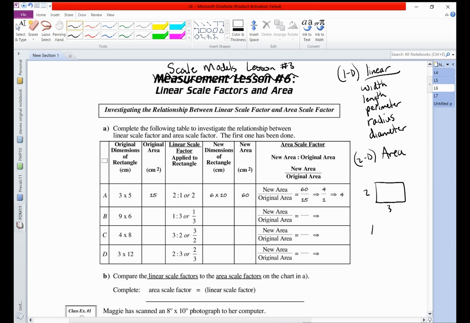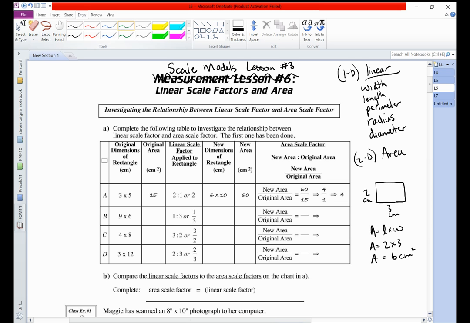The area is length times width. Hopefully you remember that. So you would say 2 times 3, and the area is 6. If this is 2 centimeters and 3 centimeters, the area is 6 centimeters squared because it's centimeters times centimeters, right? And that's a two-dimensional measurement.